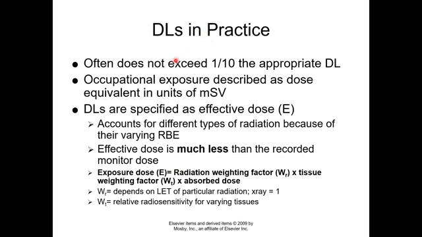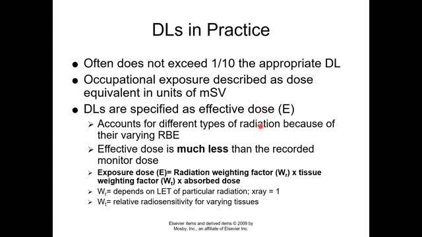Dose limits in practice, again, like I said, the public should not exceed 1/10 the appropriate dose limit given to occupational workers. Our occupational exposure is described as dose equivalent in units of millisieverts, and that should be a little v, sorry about that. And it's specified as the effective dose, or the whole body dose, remember?